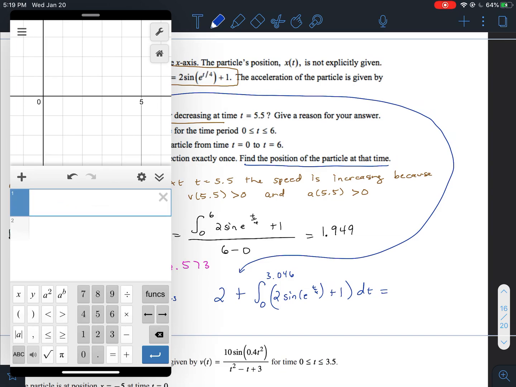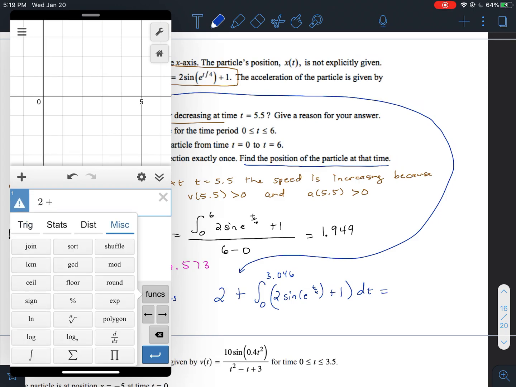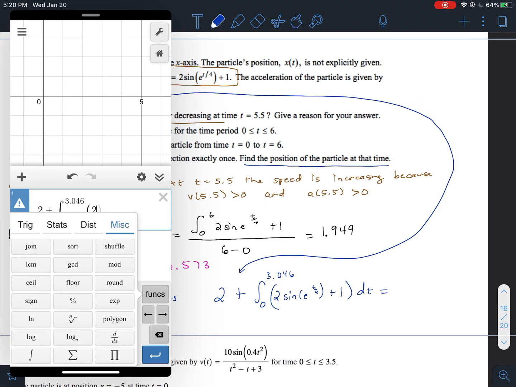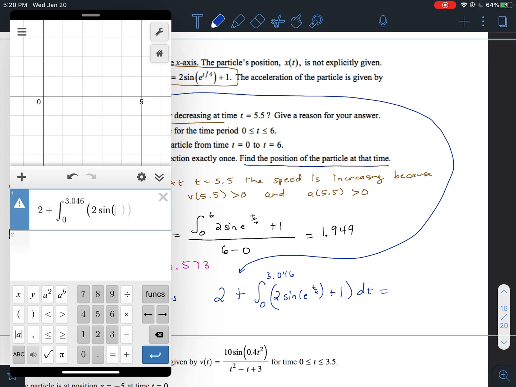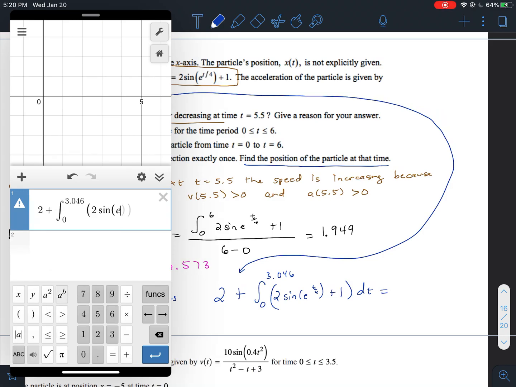So 2 plus, and then we're going to integrate between 0 and 3.046, where it's going to be 2 sine e to the x divided by 4, plus 1, and then dx.